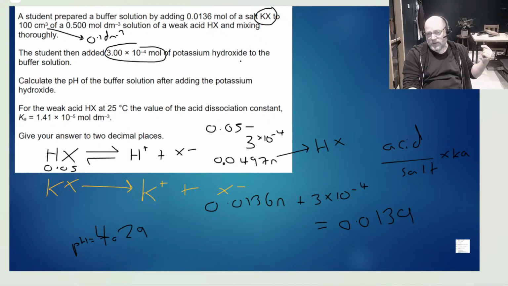If you add the potassium hydroxide, then it uses up these H plus ions. What do we know about Le Chatelier's principle? More of the acid breaks down to try and counter the change. And so your acid goes down and your X minus, it's not really your salt, but you know what I mean.